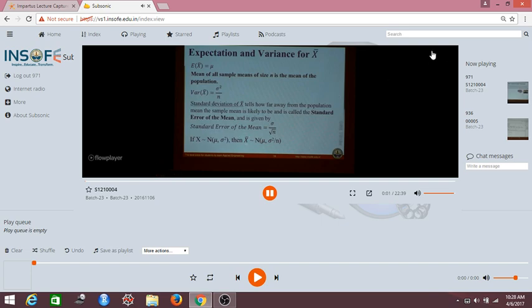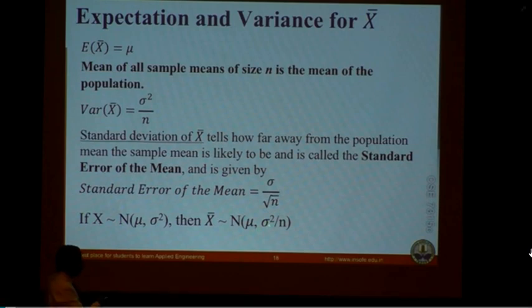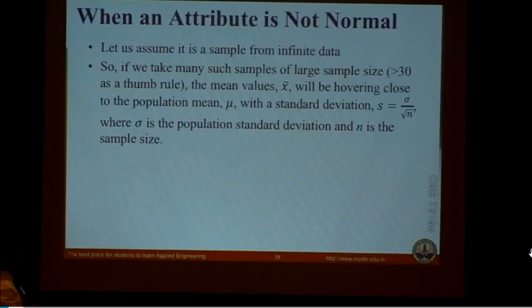So, this new distribution, the sampling distribution of means, is normally distributed, always guaranteed, with the same mean as the original mean of the population, comma, variance sigma square divided by n. That's the relationship. Okay? So, this is the central limit theorem, and same thing we have repeated.